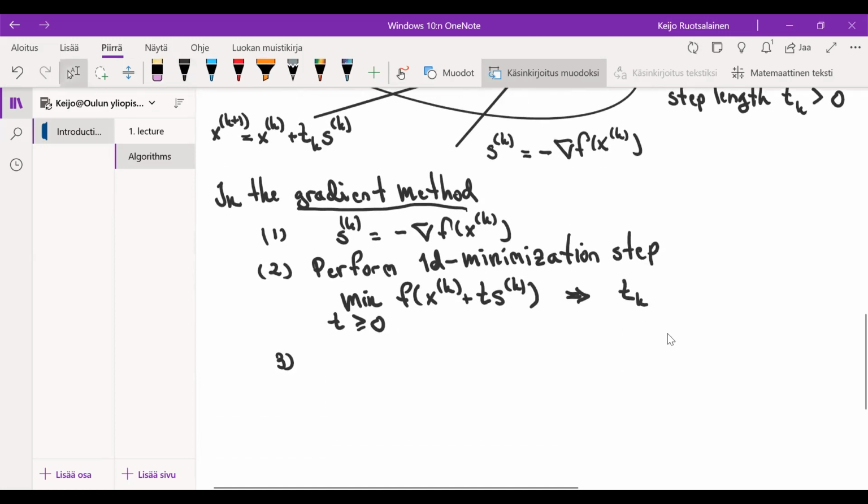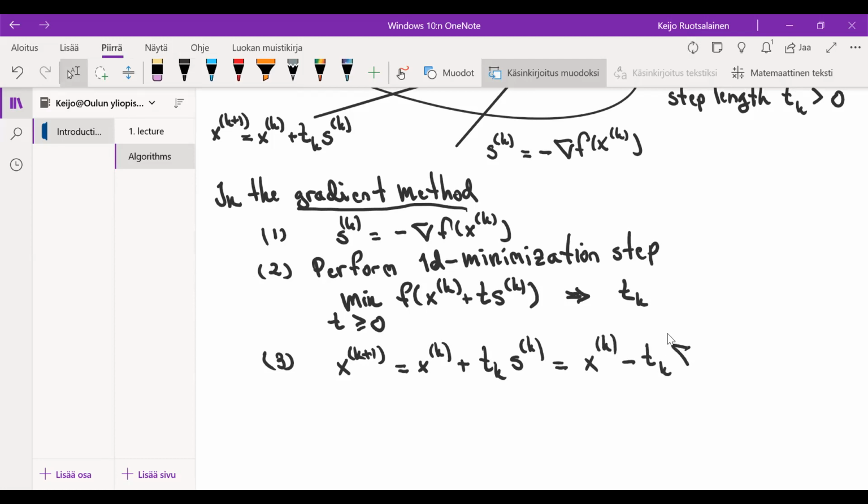And then the new approximation xk plus 1 equals xk plus tk times sk, or it's the same as xk minus tk times the gradient of f at xk.